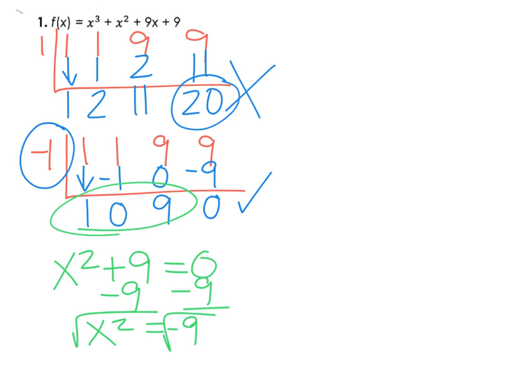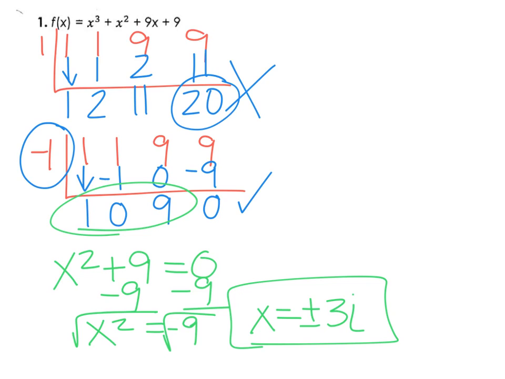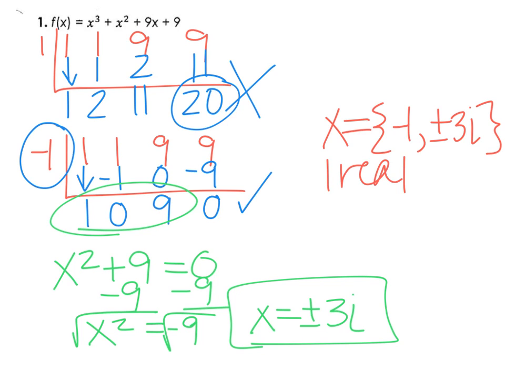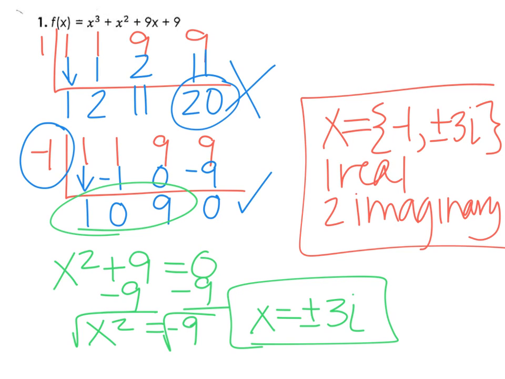Take the square root of both sides, and you get x equals plus or minus 3i. So the solution to problem number 1 would be x equals, the first root we found was negative 1, and plus or minus 3i. And we have one real and two imaginary solutions or roots. And that's our final answer.